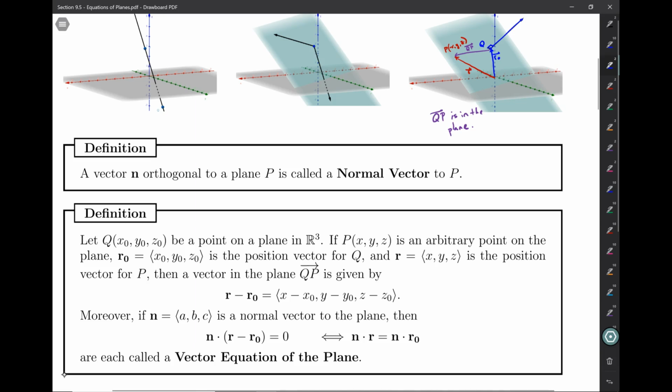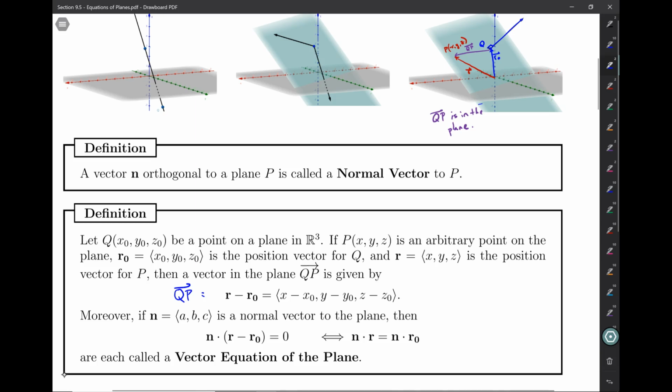So r minus r naught actually has components x minus x naught, y minus y naught, and z minus z naught. So there's no definition here just yet. We're just lining up all of these particular different vectors and noticing that the vector QP, which can be expressed by r minus r naught, which has components x minus x naught, y minus y naught, z minus z naught, is a vector in the plane.